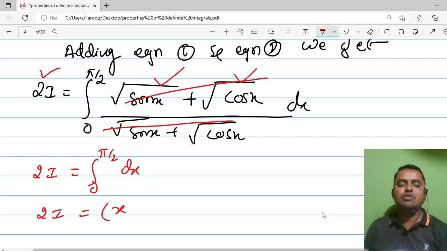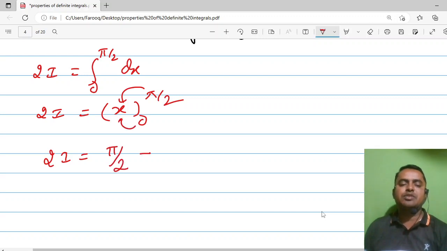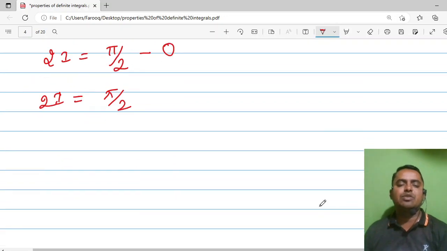The integration of dx is x, between the limits 0 to 5 by 2. Now 2I is equal to x. We substitute the upper limit first, 5 by 2, minus the lower limit. While substituting the lower limit, first write the minus sign. So I is equal to 5 by 4.